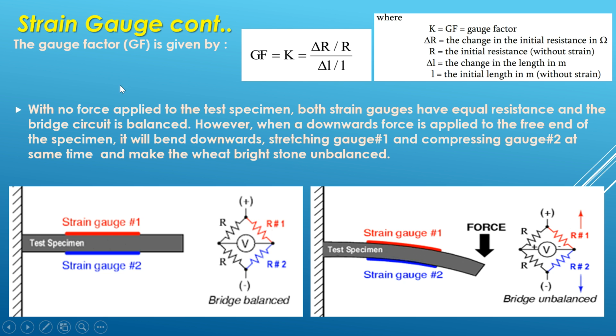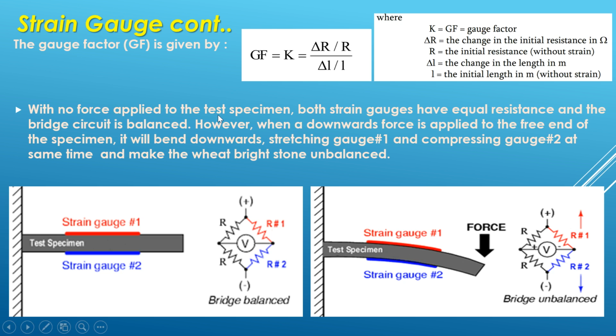So we can identify the gauge factor using this formula. R is the initial resistance in ohms, L is the change in length in meters, and we divide them to find the gauge factor.